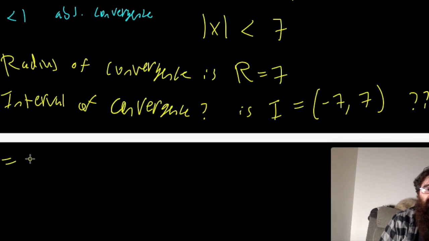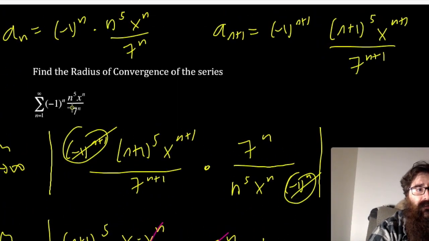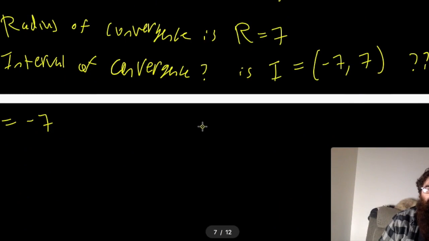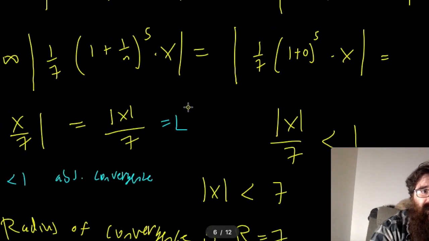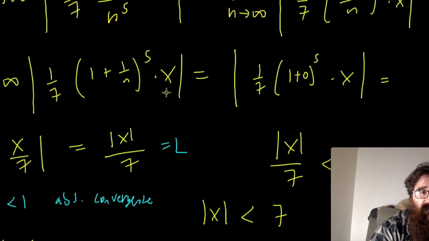Let's take a look at x equals -7. Now this means I want to go back to my series. That was the sum from n equals 1 to infinity of -1 to the n times n to the 5th, x to the n over 7 to the n.